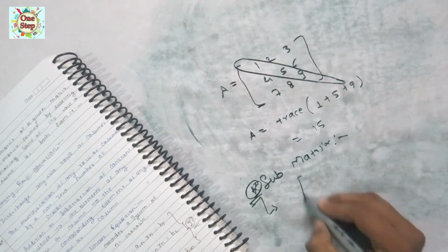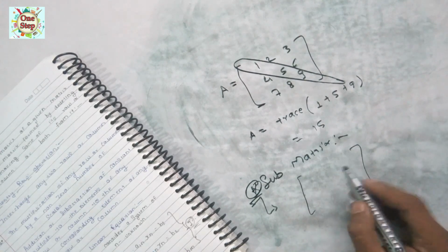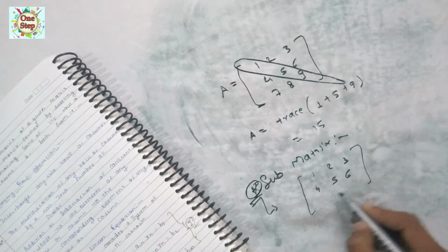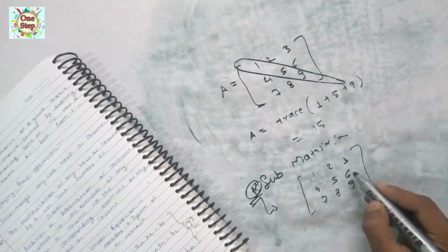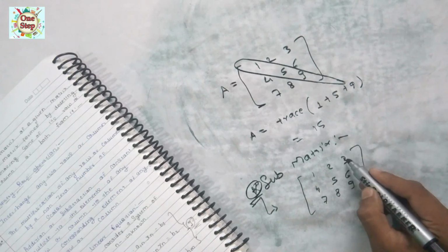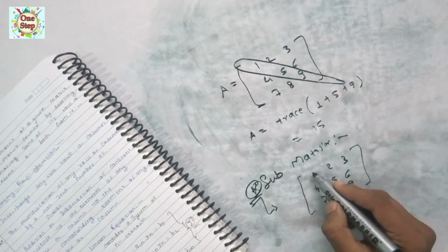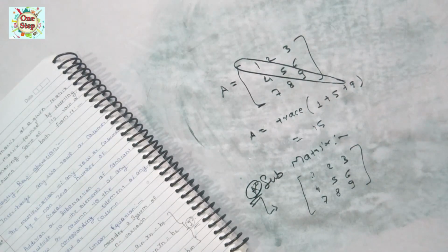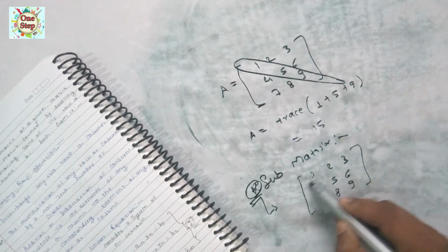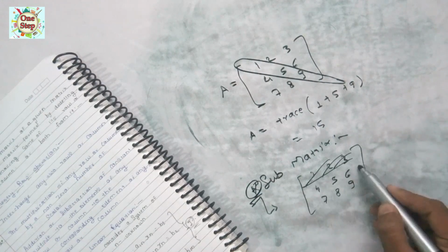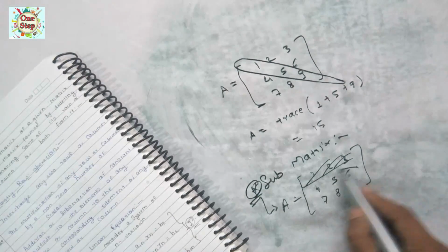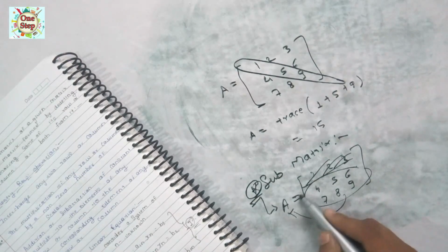It means that if we consider some matrix, let's suppose 1, 2, 3, 4, 5, 6, 7, 8, 9 (I am going to take the same example always because it seems easy), then if we delete this much, this part of the matrix is a submatrix of this matrix. Let's suppose this is matrix A, then this part will be a submatrix of A.